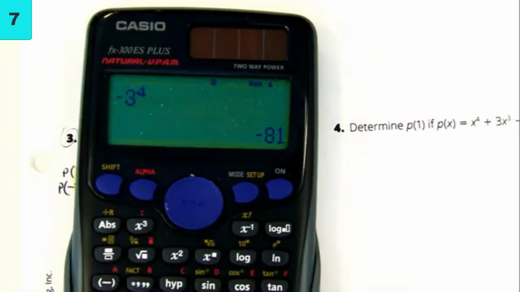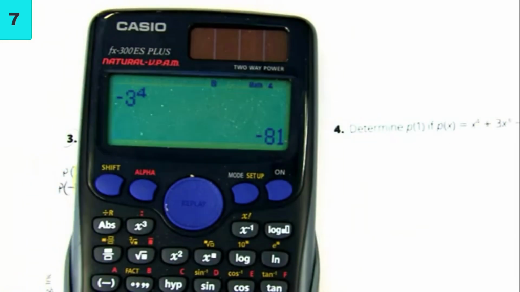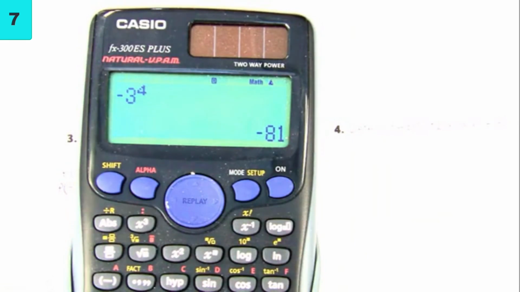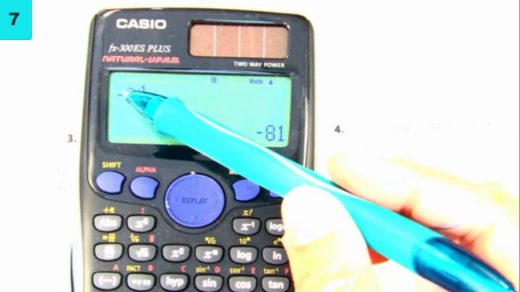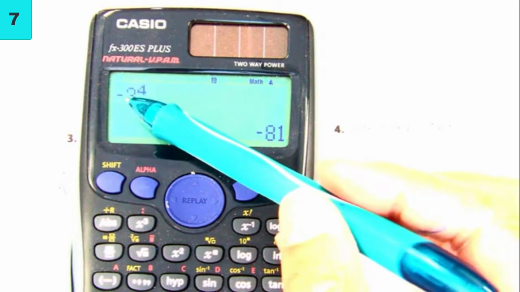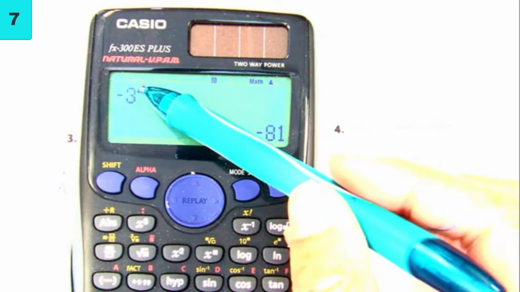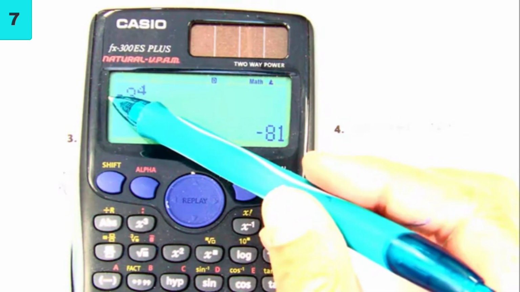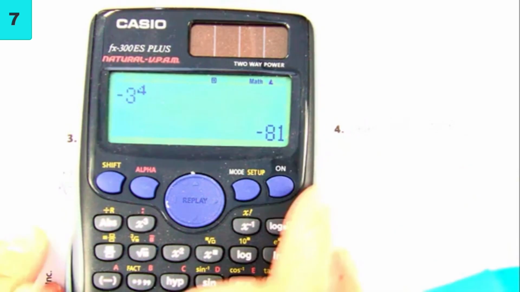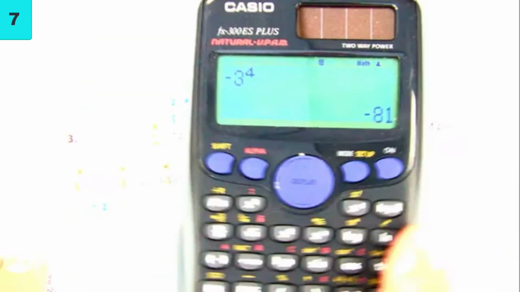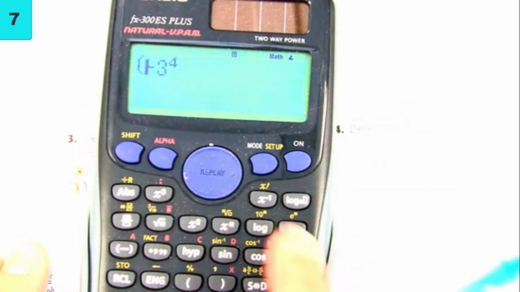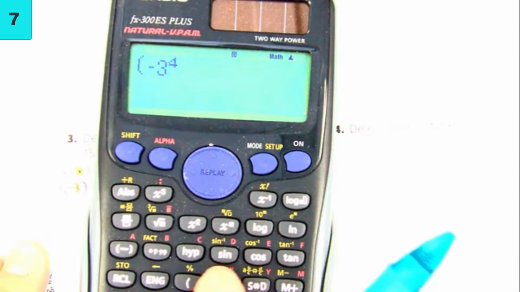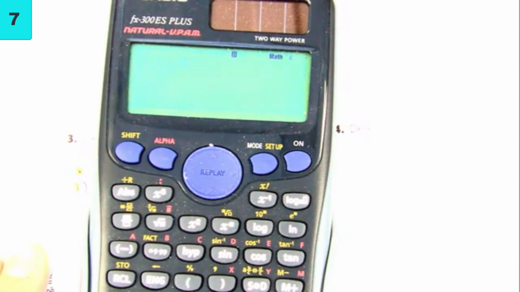Now, this is wrong because it doesn't have a set of parentheses. Your calculator is reading it as positive 3 to the 4th power, and at the very end, it takes the opposite of that number. To get negative 3 to the 4th power, you're going to make sure that you have a set of parentheses. And this will give you a positive 81.